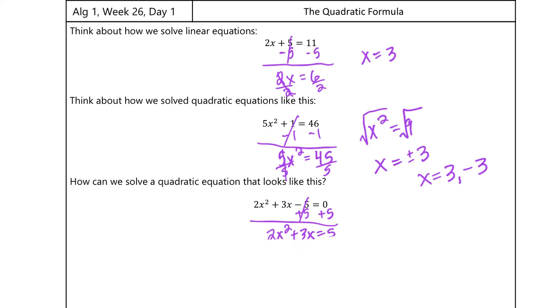Maybe you're thinking of factoring, that maybe we could split this up into 2 parentheses. But how is that helpful? Or maybe the way I have it written down here, what if I take the x out and that gives me 2x plus 3? Well, is that helpful?